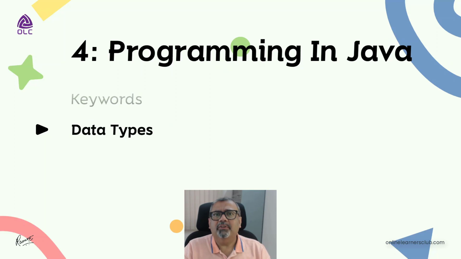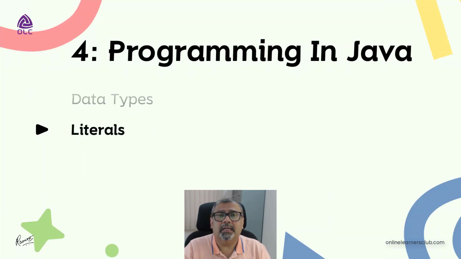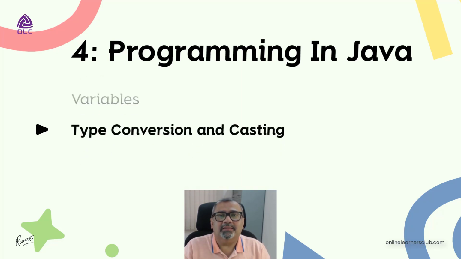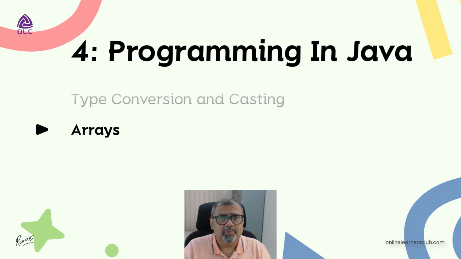In addition to this, we will discuss another important concept called literals. We'll also discuss variables. For any programming, variables are very important. So we will discuss their importance and explore variables, type conversion, casting, and various concepts with respect to the Java programming language.